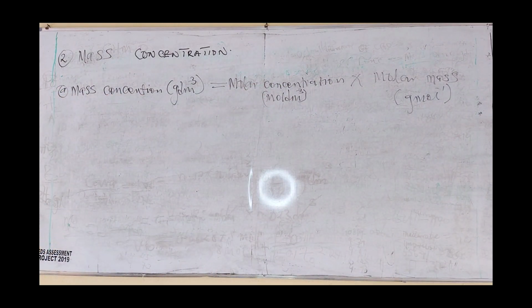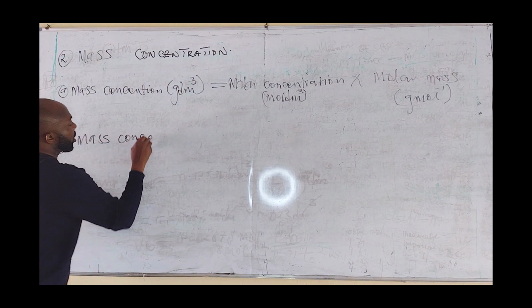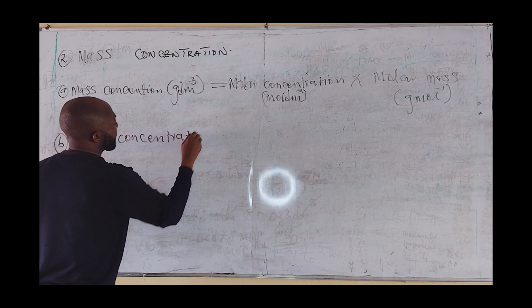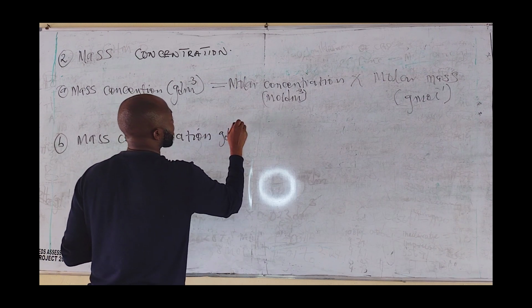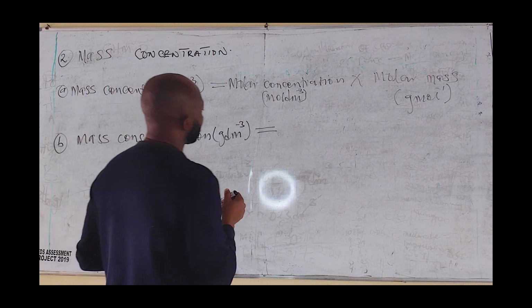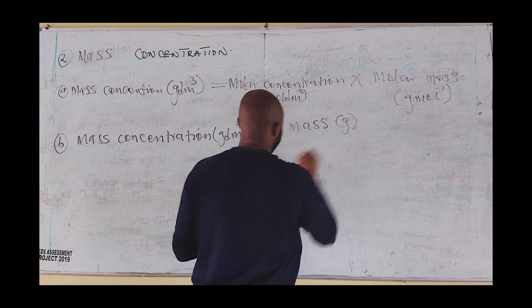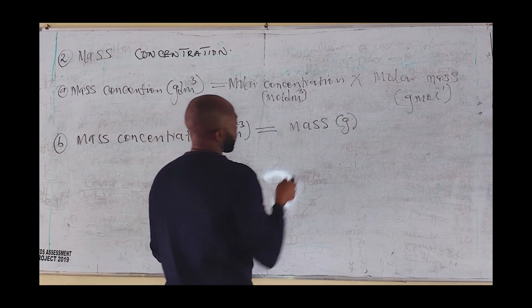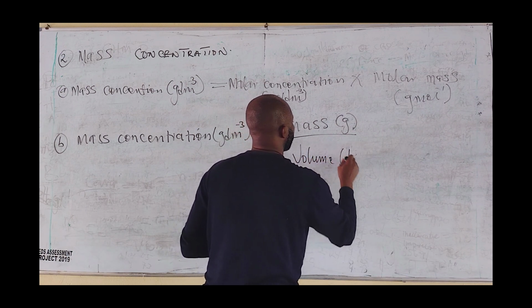So that's A. B, mass concentration in g/dm³, like I said, is equals to mass in gram over volume in dm³.